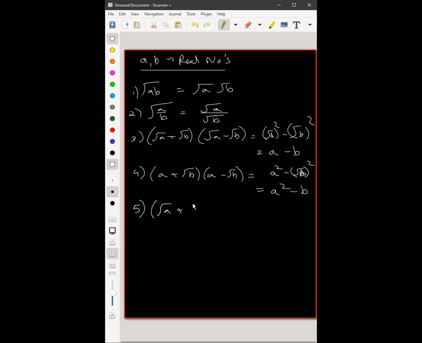Root a plus root b into root c plus root d. Do you know how to solve this one? Okay, this is first term into first term. So what will we get? Root ac plus second term into second term, root bd, plus combine the inners, root bc, plus combine the outers.